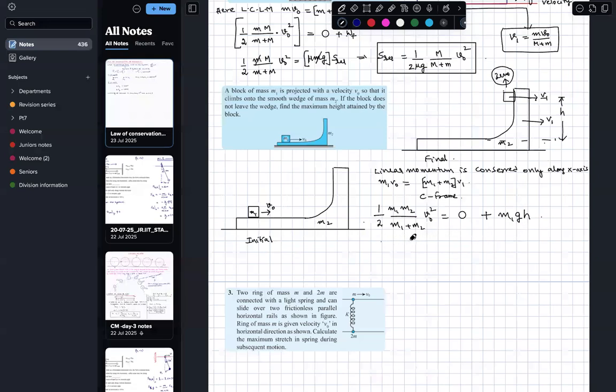Therefore, clearly, h is half v naught square by g times m2 by (m1 plus m2). That's the height. So this is the maximum height that you are expected to have in the case of the block and the wedge system, right?